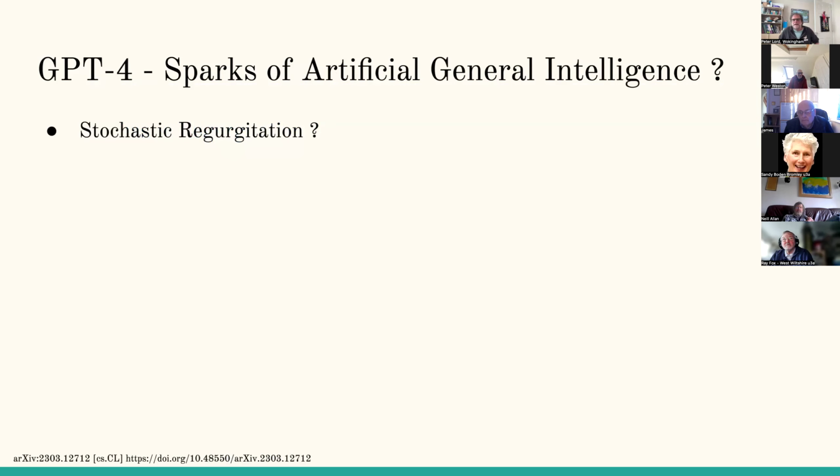Now, here's a paper which I quite like. It's quite old now, actually, but it's a paper called Sparks of Artificial General Intelligence, which Microsoft actually wrote. And it tries to answer the question about large language models: are the answers you get from these large language models like a database?